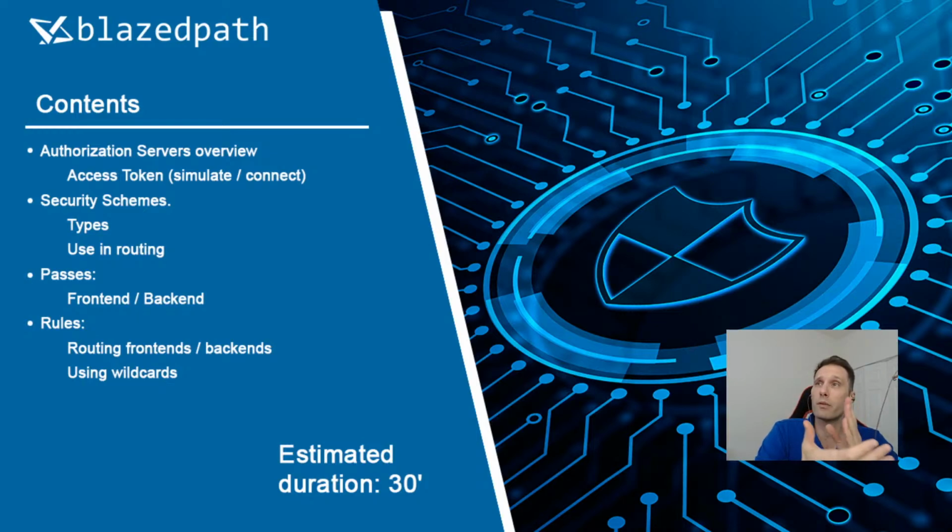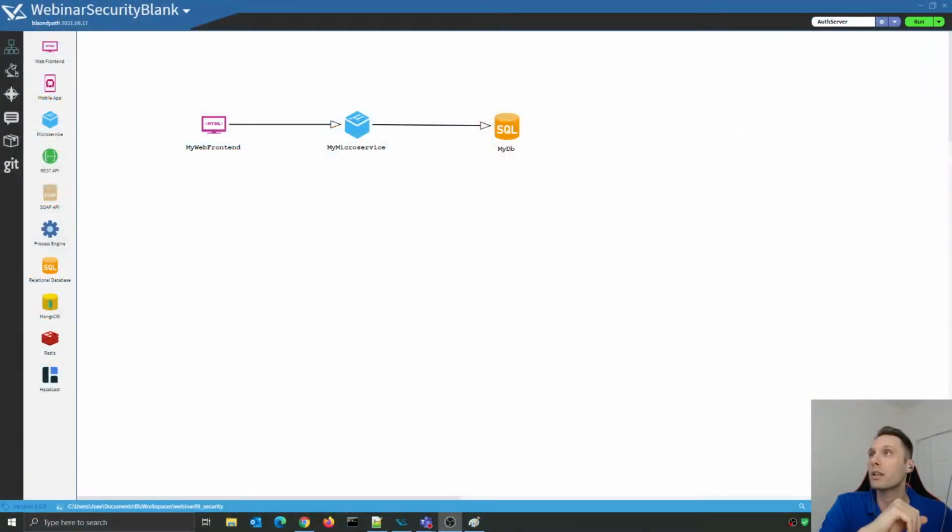So now that you have this simulated access token, we are going to start going over a couple of security rules. Let's go directly to the application and start with the different examples.